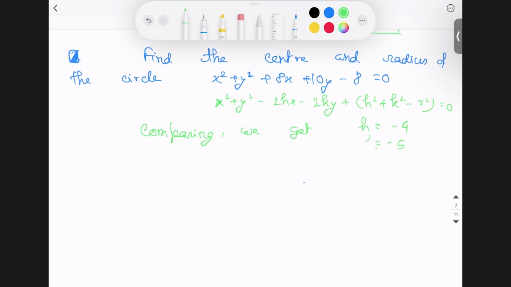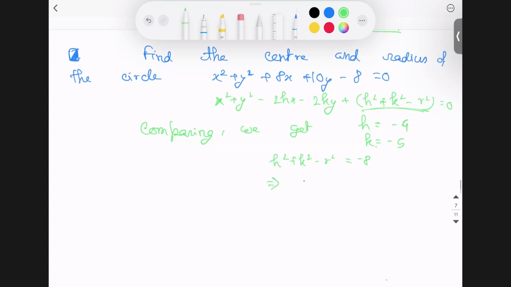You can clearly see from here that minus 2k equals 10, so obviously k equals minus 5, and similarly h equals minus 4. Now from here we know h and k, so we need to find r. So h square plus k square minus r square is equal to minus 8.